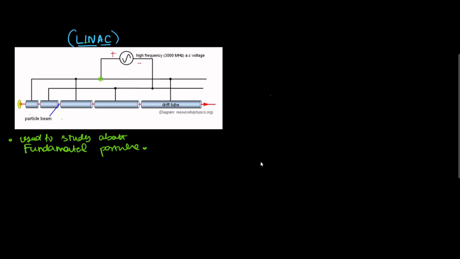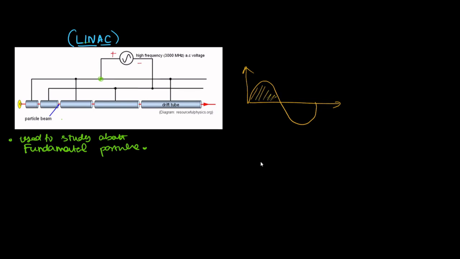This linear accelerator is constructed using conducting tubes. These conducting tubes are connected to a high frequency voltage source. Now we know this is an alternating voltage source, so the potential will keep on alternating.